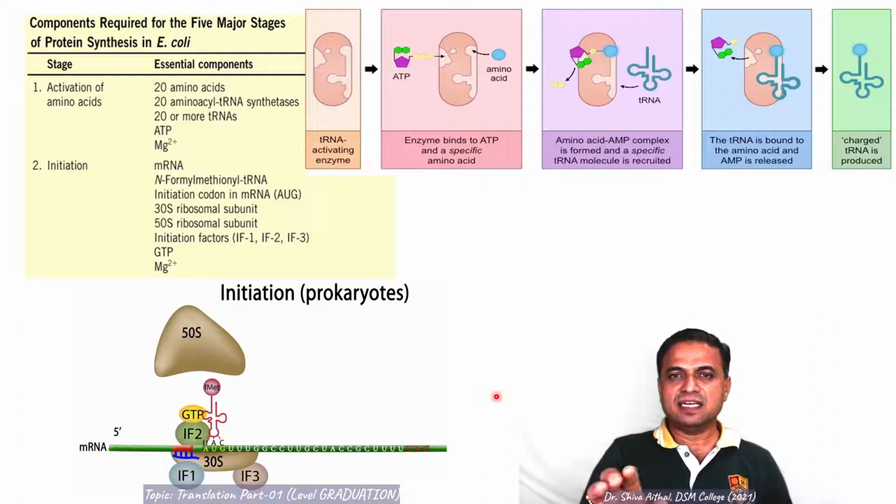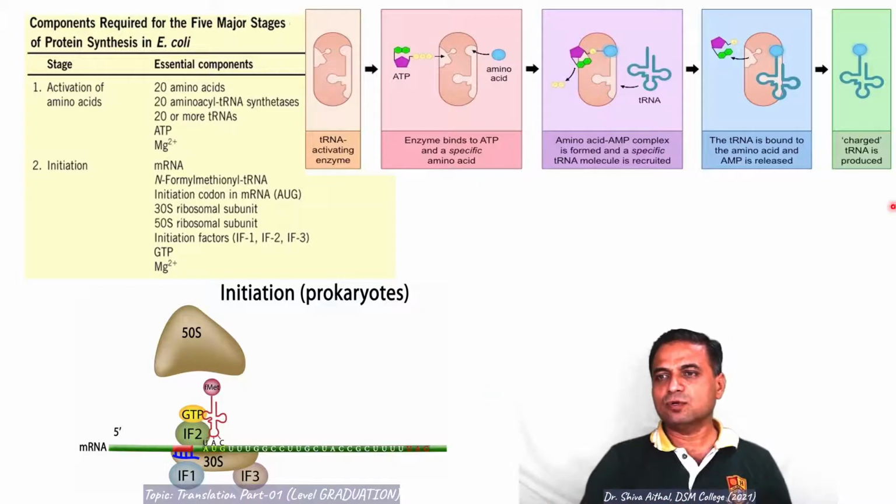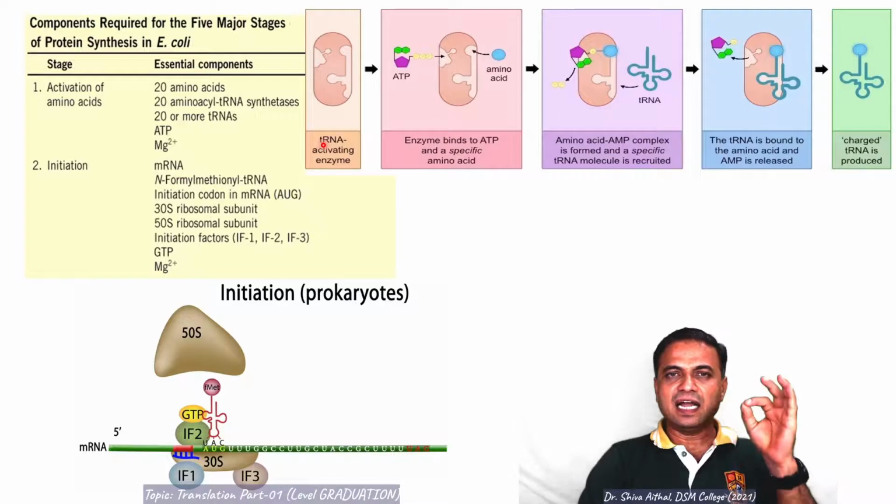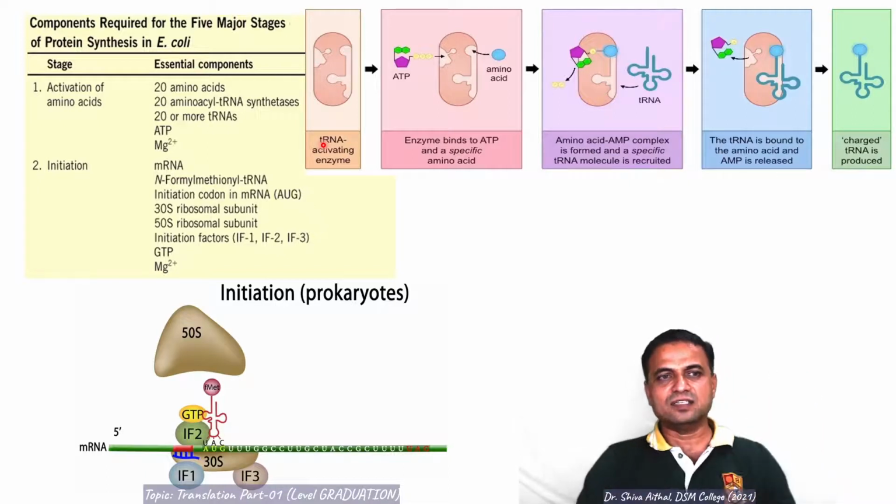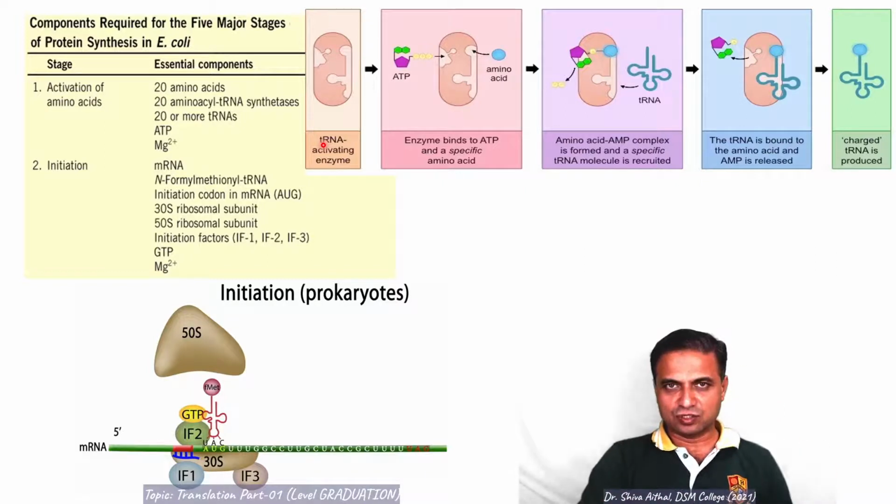The aminoacyl-tRNA synthetase activates the amino acid producing a charged tRNA, as I have just mentioned. 20 amino acids are there, 20 amino acid tRNA synthetases will be there, 20 or more tRNAs will be there. Each step requires ATP and magnesium ions.